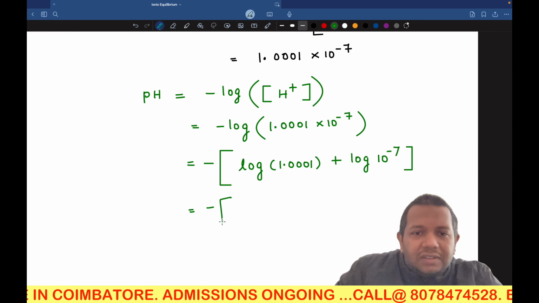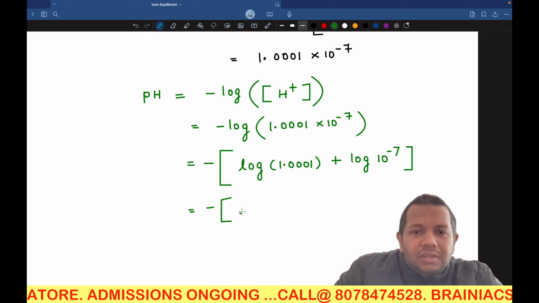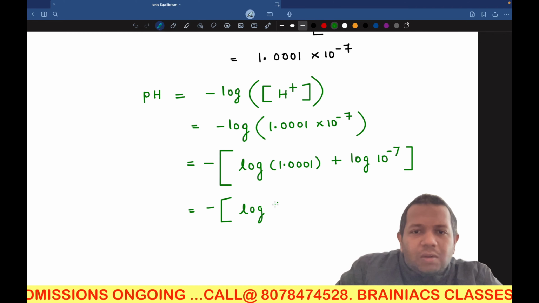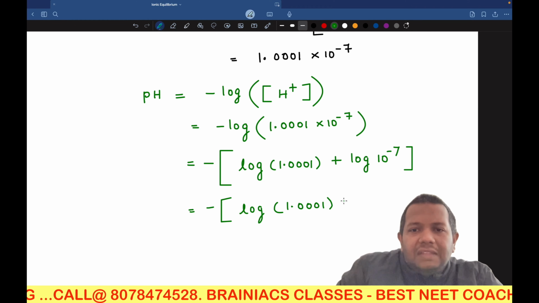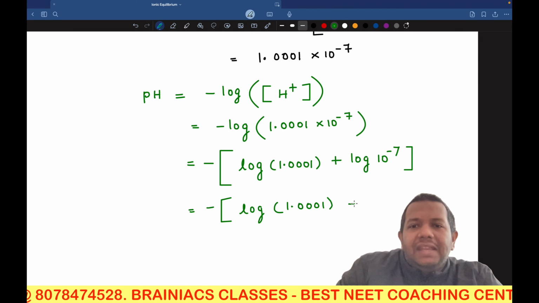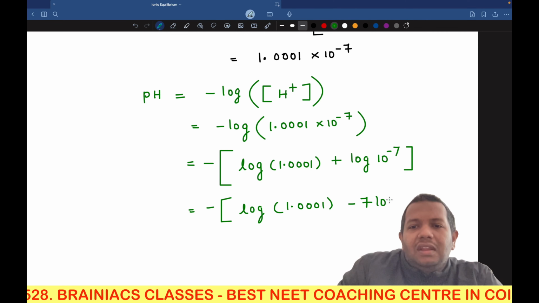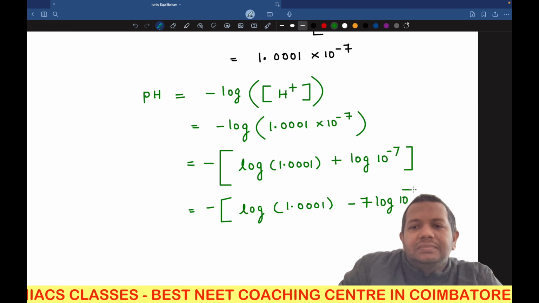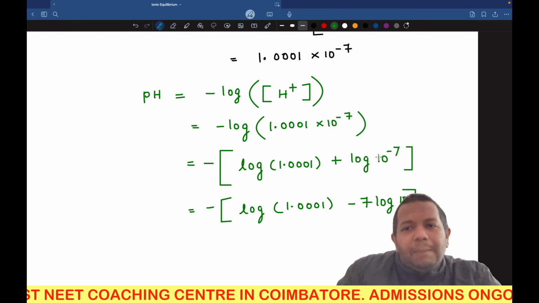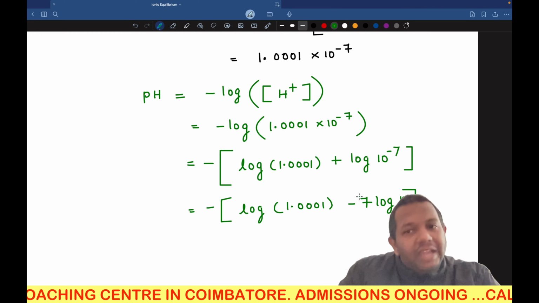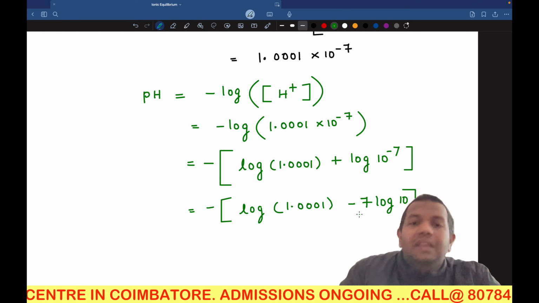How you can do that, sir? Okay, so here we have some value would be there always. Okay, we will have some values and this can be written as minus 7 log 10. Why? Because log 10 a power x is equal to x into log a. We have learned this fundamental in logarithm.